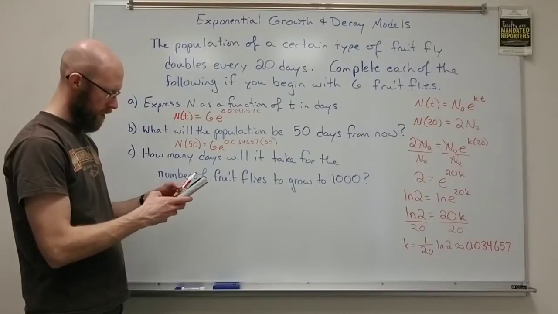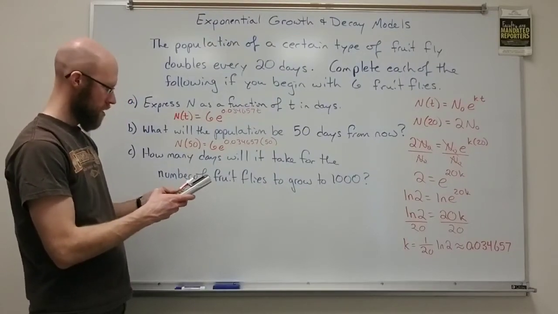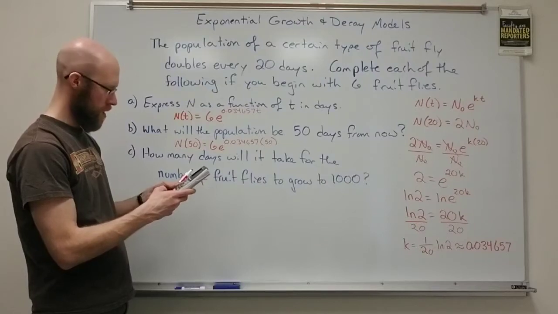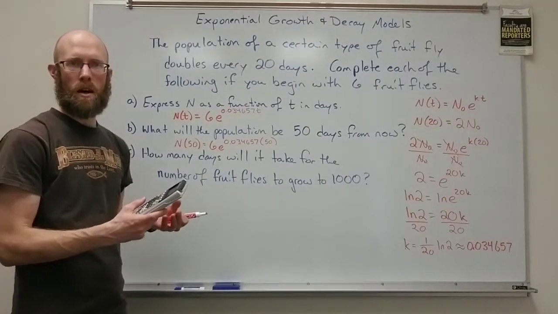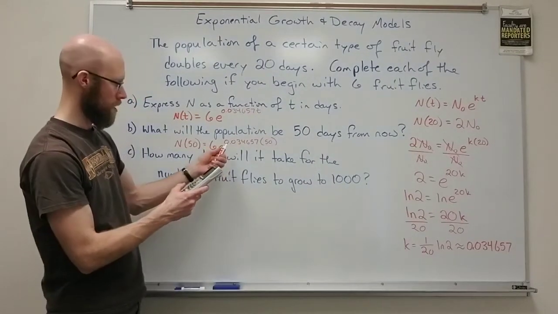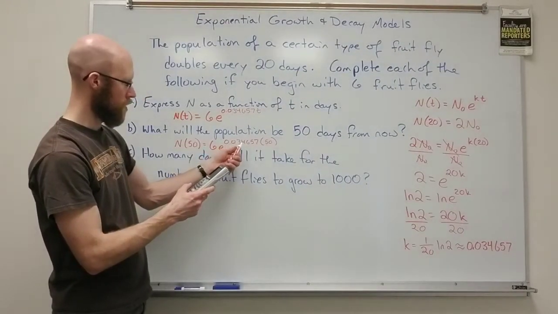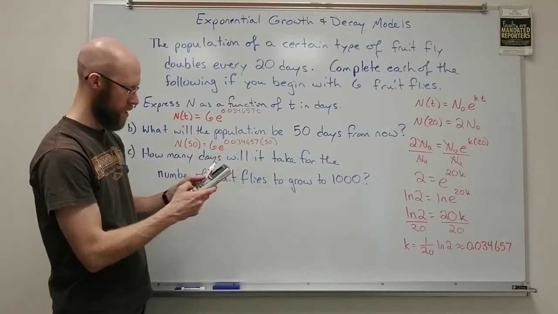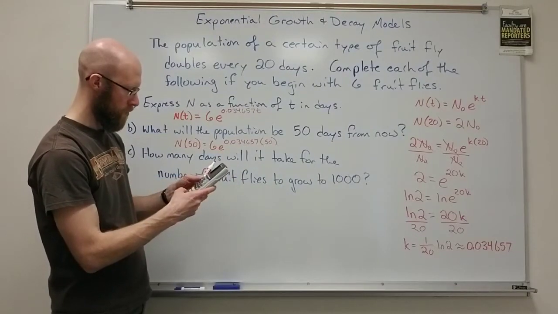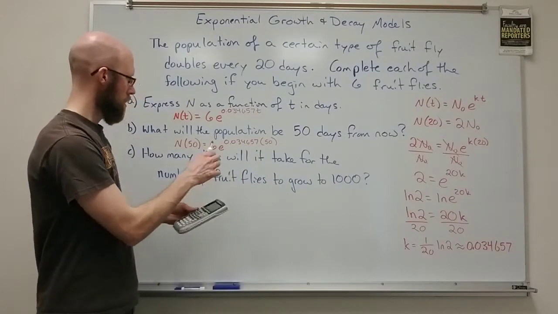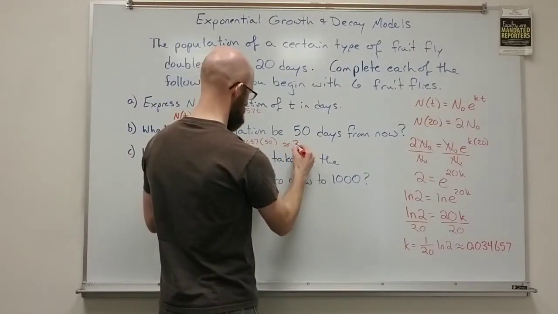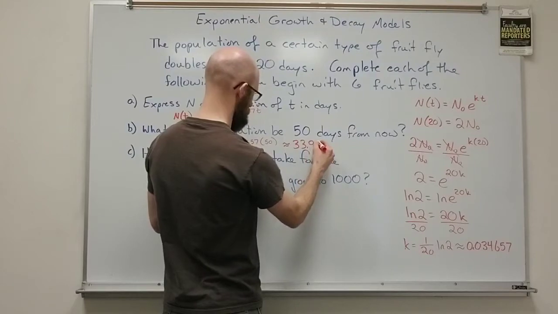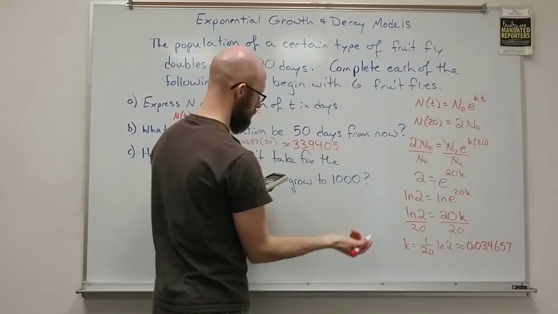6 times e to the 0.034657. Now there's going to be a slight rounding error here, but I'm okay with that. I'm really just interested in getting the process down, times 50. And that should be, if you calculated it correctly, 33.9405, roughly.